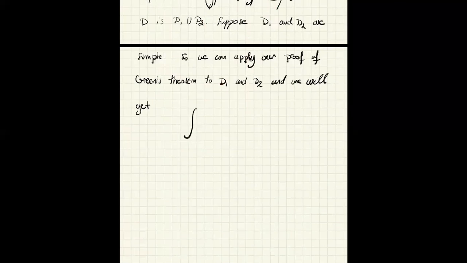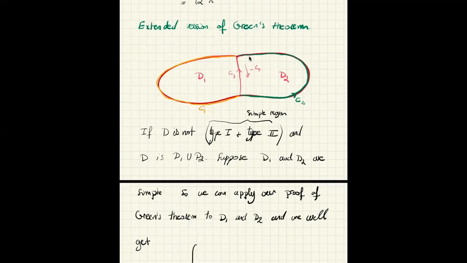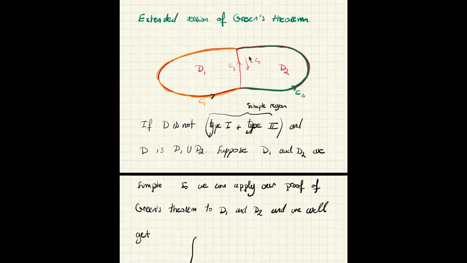And we'll get that the integral over D1 and D2 becomes the integral over C1 and C2.